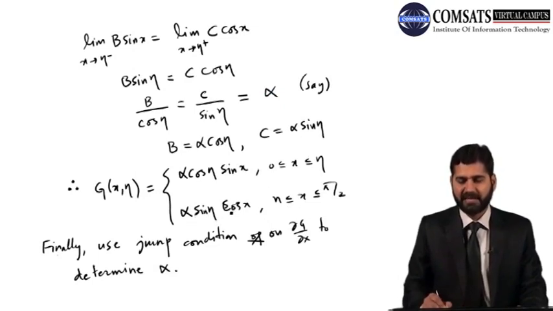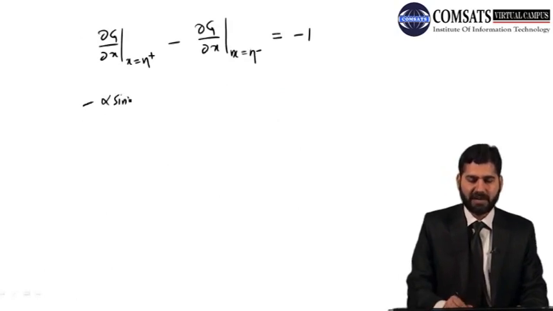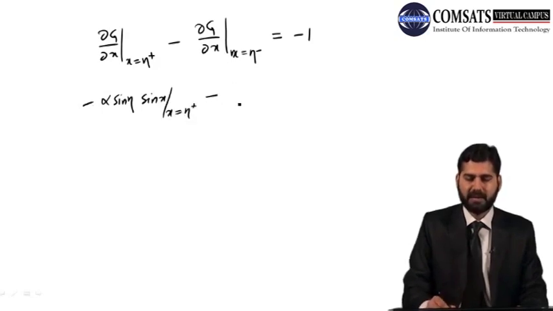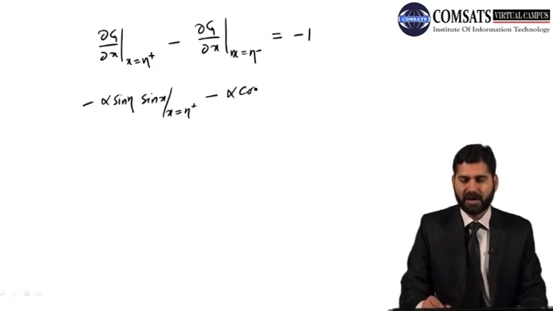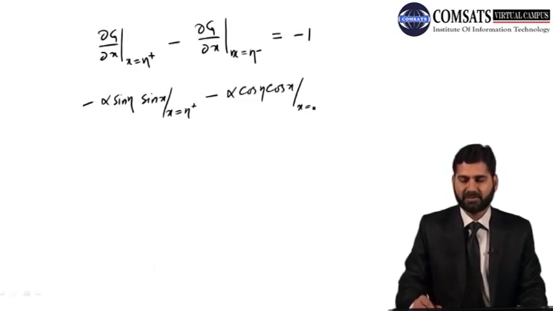So this is alpha cosine eta sine x... the derivative of cosine is minus sine, so you get minus alpha sine eta sine x. Minus, here you got alpha cosine eta, and the derivative of sine is cosine x, because now you use the left, when x is less than eta, so x equal to eta minus.